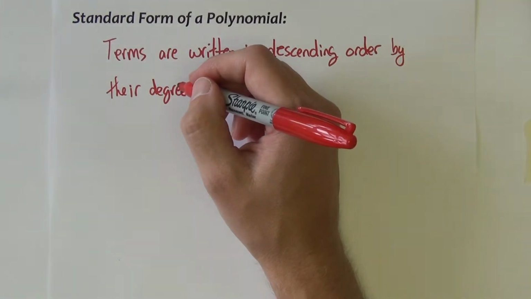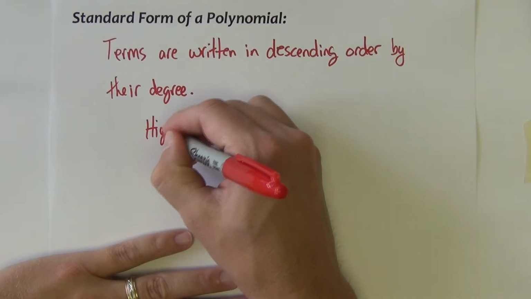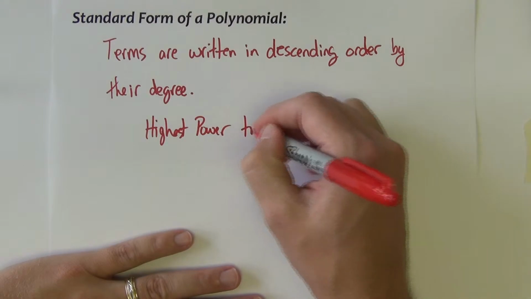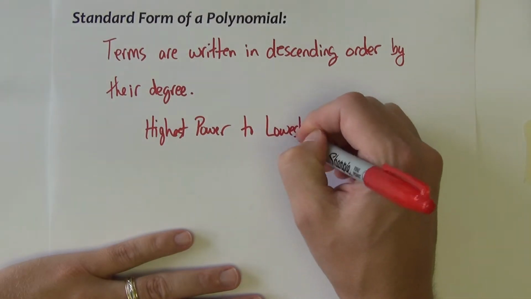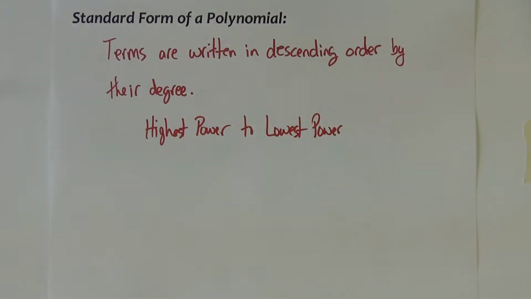Descending order, what that means is highest power to lowest power. So typically whenever we write a polynomial expression, equation, function, etc., we're typically leading with the highest powered term and then writing the terms in order down to the least powered term.